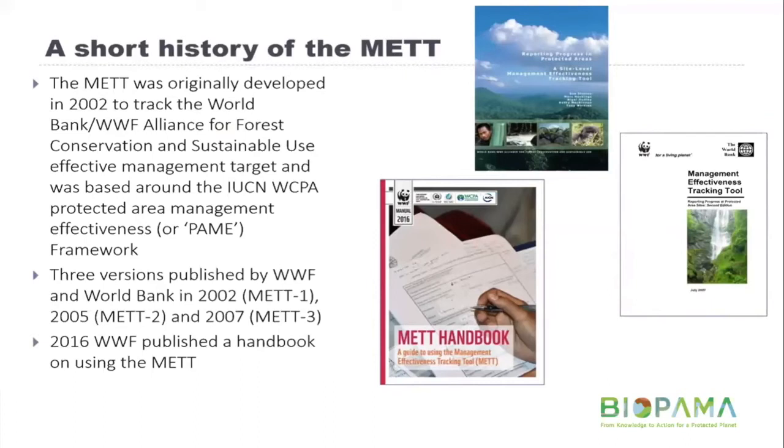After that, there have been 3 versions published by WWF and World Bank: in 2002, in 2005 the METT2, the METT3 in 2007, in 2016 a handbook on using the METT, and now we have the METT4 that was released, or is being released, this year, 2020.